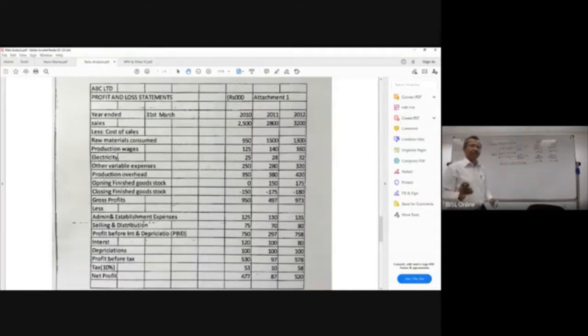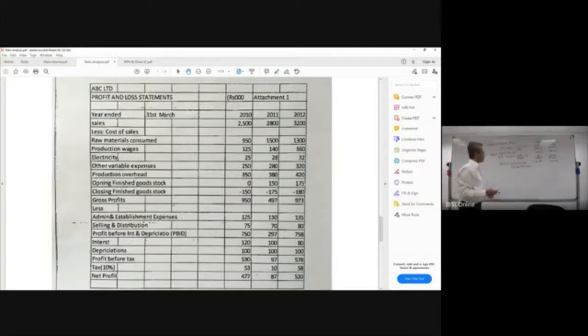Capital employed means both equity and term loans, because both bring capital. So you add equity plus term loans. The term loans are long-term loans. So what is the return on capital employed?